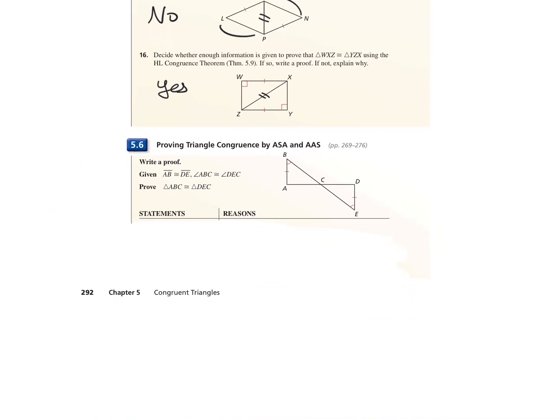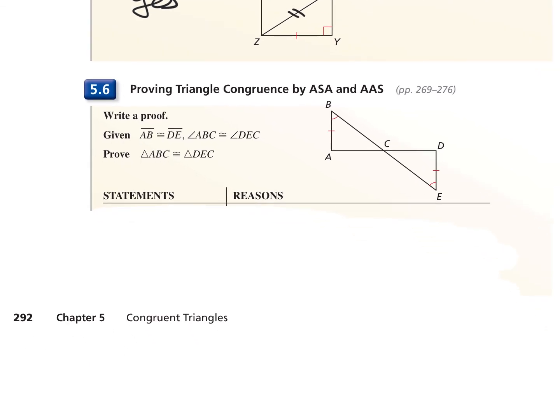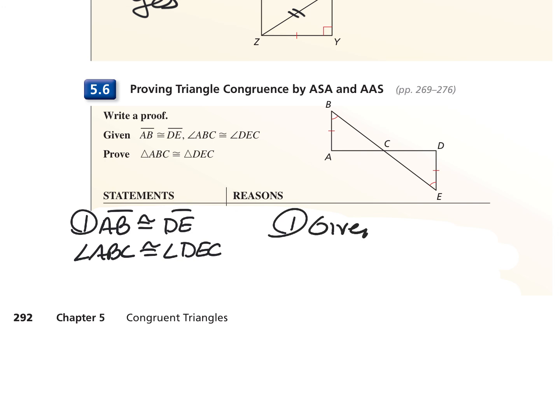And then the last one, again, state your given. AB is congruent to DE, and angle ABC is congruent to angle DEC, and it's already labeled in the picture. So this is your given.